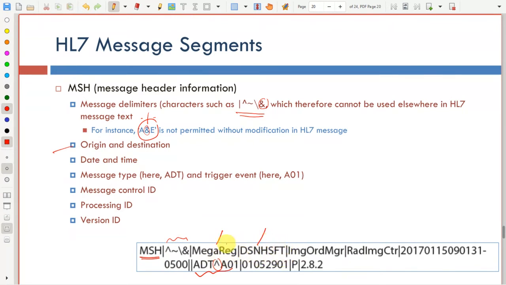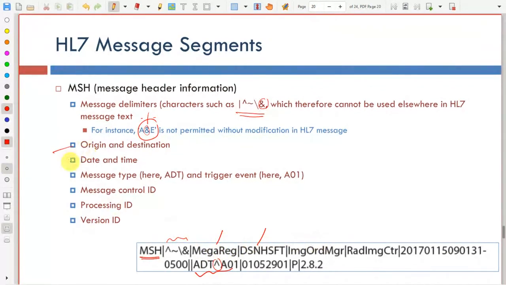You have to have the origin and destination here so that when you send this message, it gets on the network and has to reach a certain destination. Whenever it is received by the destination, it has to know exactly where it came from.